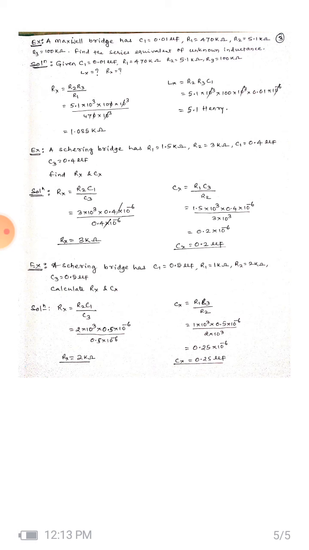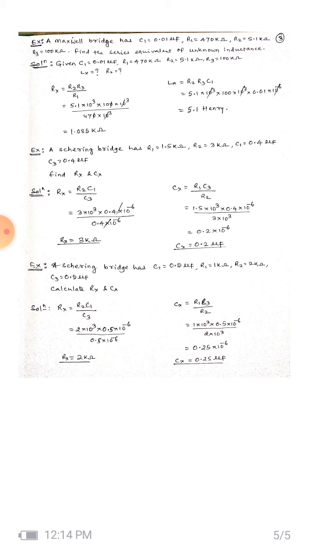By using the formula Rx is equal to R2 into R3 divided by R1, and Lx is equal to R2 into R3 into C1, and after substituting the values, we can easily calculate resistance Rx and inductance Lx. As the unit of resistance is ohm and the inductance is Henry, the answer must have the units ohm or Henry. Next problem is based on a Schering bridge.